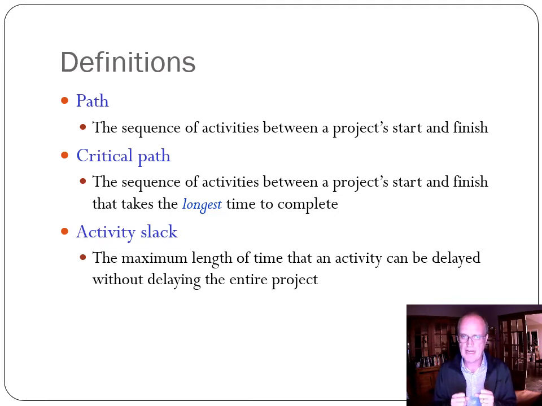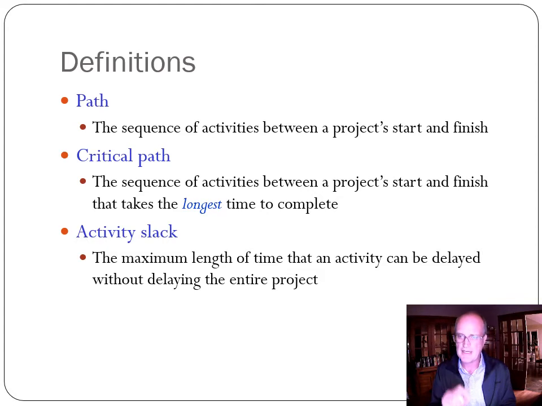The critical path is the sequence of activities between a project's start and finish that take the longest time to complete. It's called the critical path because those tasks have to finish on time. They are critical to finishing that project on time. We have slack in non-critical paths, which gives us some buffer or flexibility in terms of timing without compromising the completion time of the project.